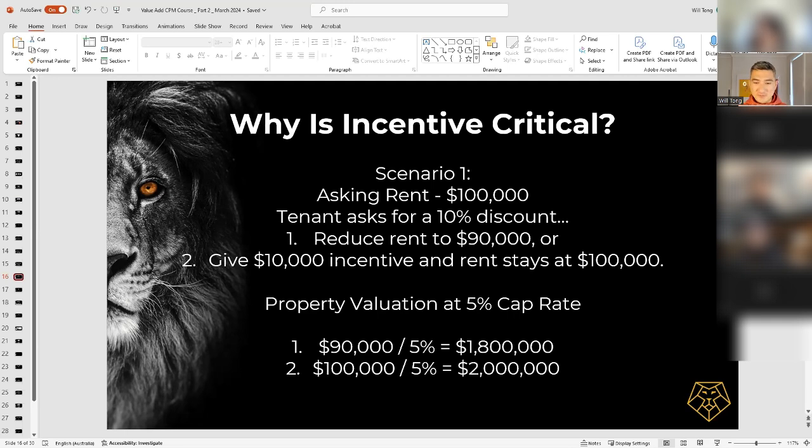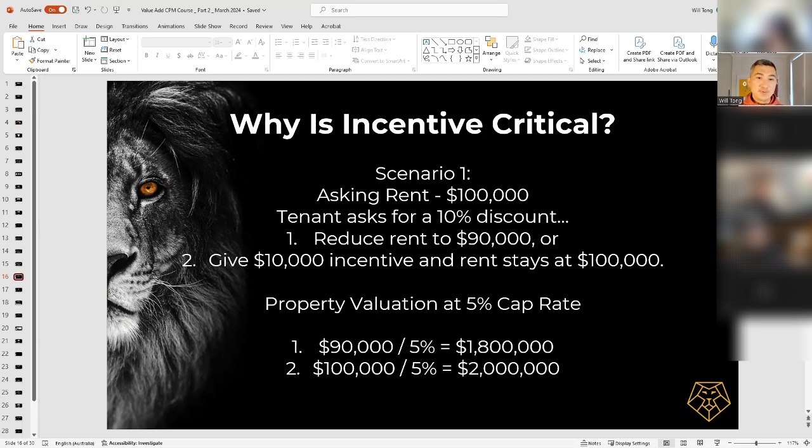Now, going back to your question about whether incentives come into play when valuing the property, this also depends on how you structure the incentive. I always recommend trying to provide all the incentives upfront, so the incentive is taken care of and there's no ongoing incentive. That way, when a valuer comes in, they can't say, hey, look, you still have $50,000 of outstanding incentive, I'm going to deduct that off the valuation.